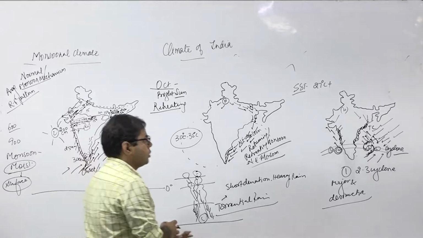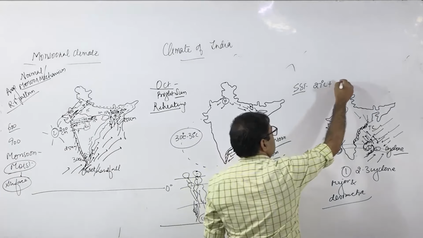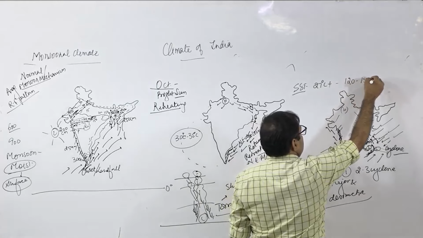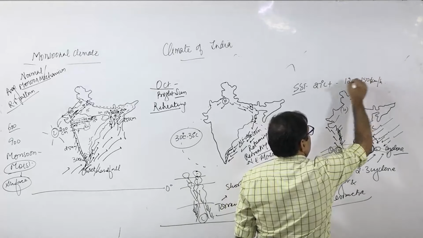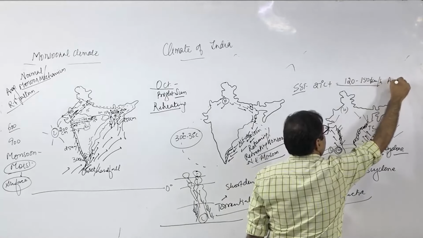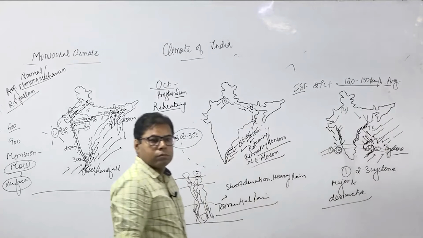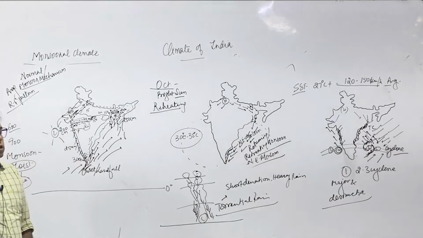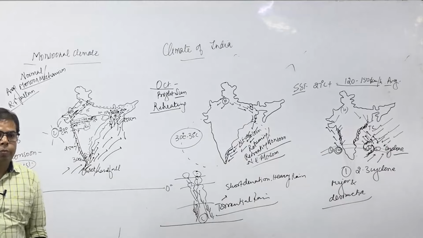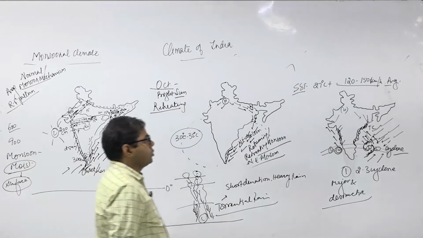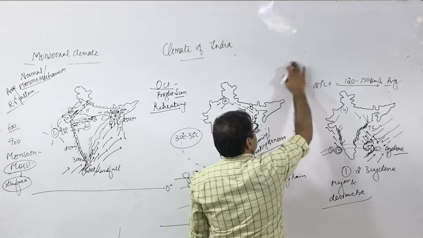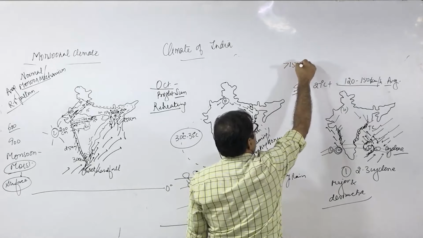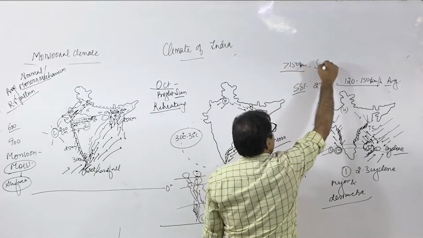The average wind velocity recorded is about 120 to 150 kilometers per hour in a tropical cyclone. If this wind velocity increases to more than 150 kilometers per hour, it will be declared a super cyclone.